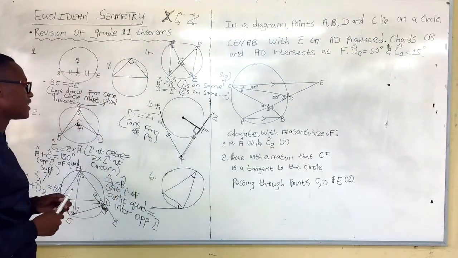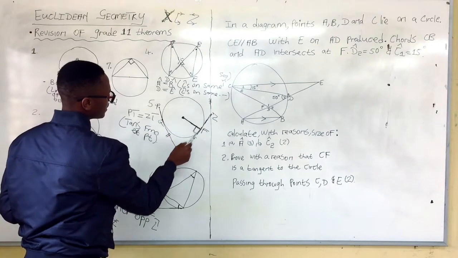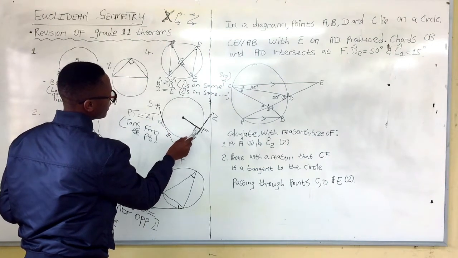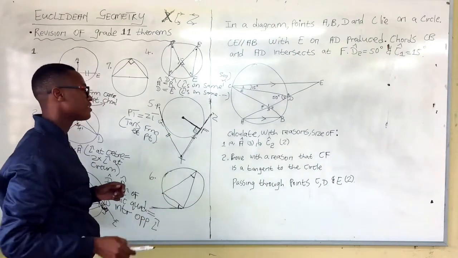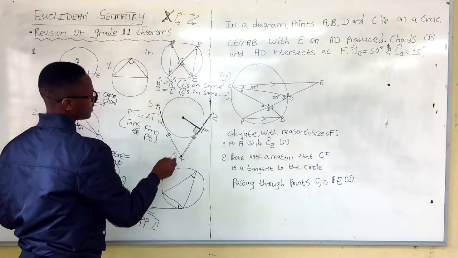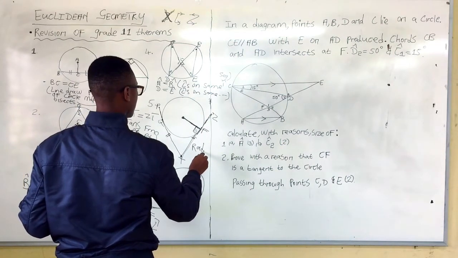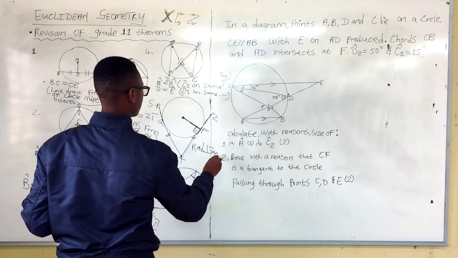Another theorem says that always when a tangent meets a radius, they form an angle of 90 degrees. Why? Because the radius is always perpendicular to the tangent. So this other theorem says that the radius is perpendicular to the tangent.